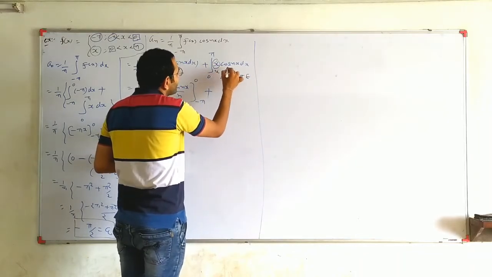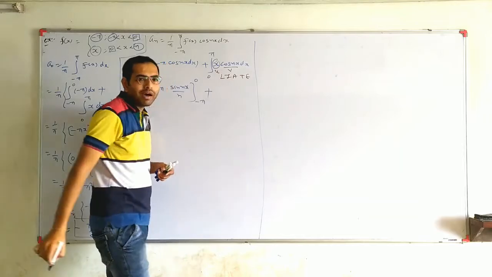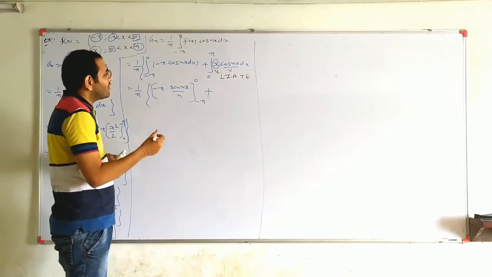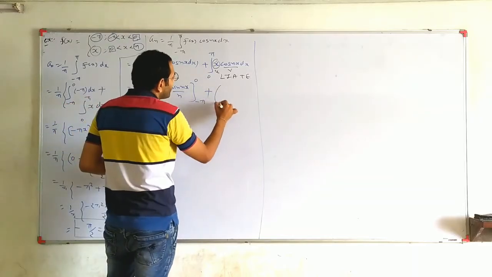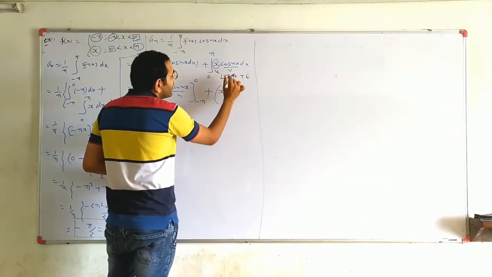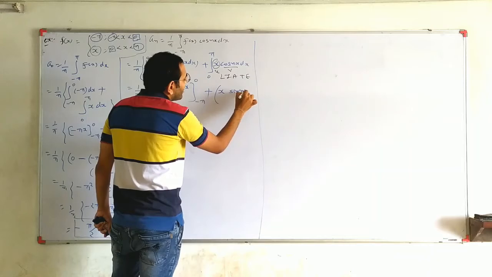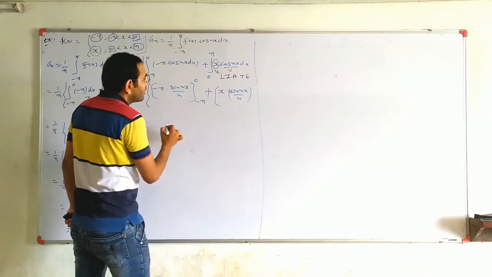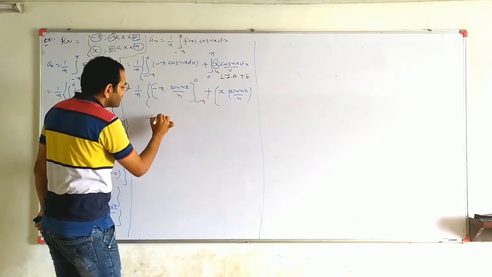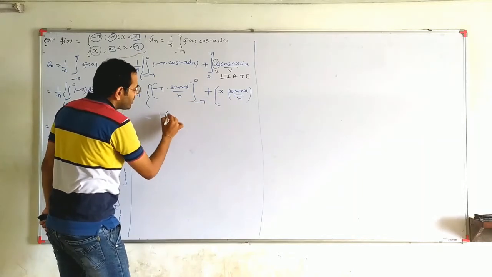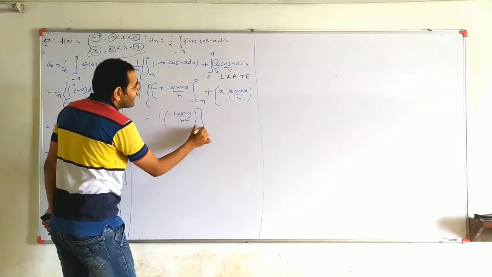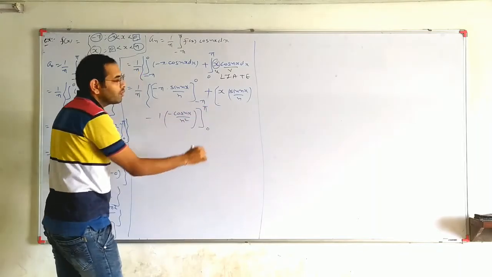x is indicated by u, cos is indicated by v, then we apply Bernoulli's rule. In Bernoulli's rule, u as it is times the integral of v, that is sin nx by n, minus the derivative of u, that is 1, times the integral of that term, that is minus cos nx upon n square, with limit 0 to pi.